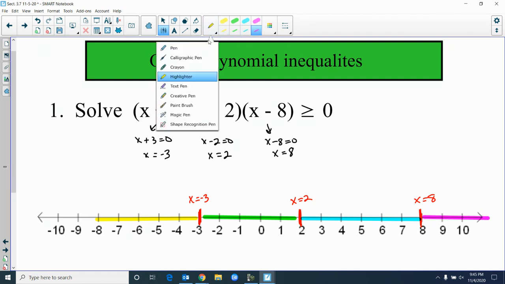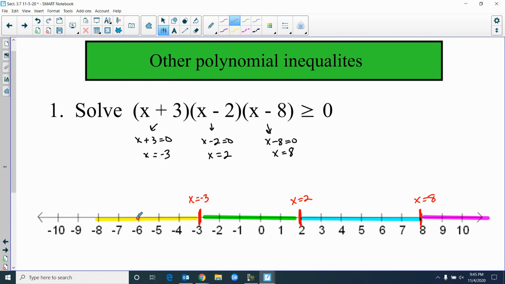Those are my test points. So I'm going to use negative 6. Hold on here, let me use black. x equals negative 6. I always try to use 0 when I can. I'm going to use 5, and I'm going to use 10.